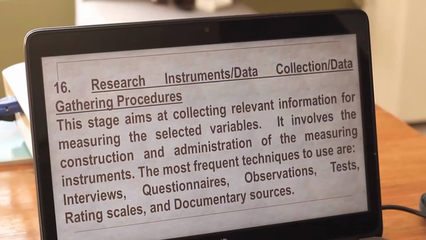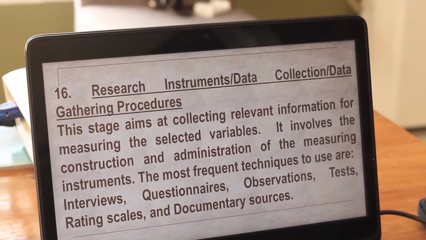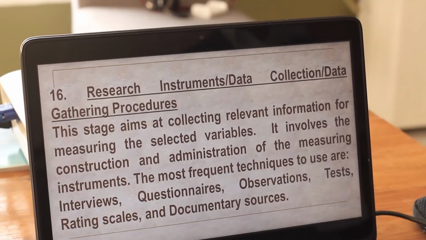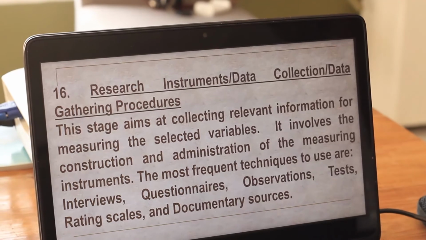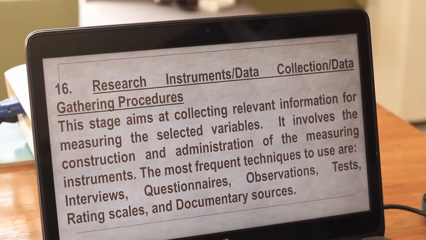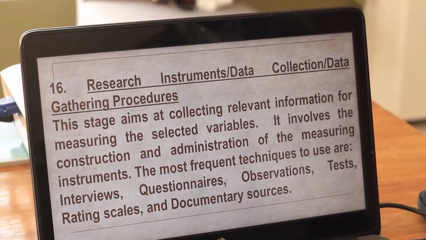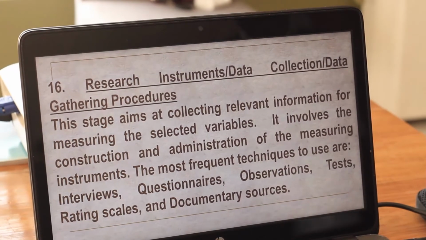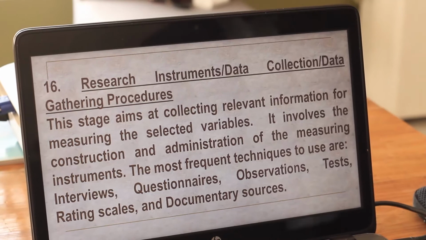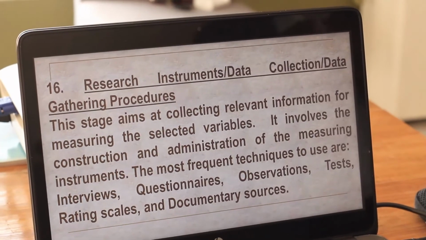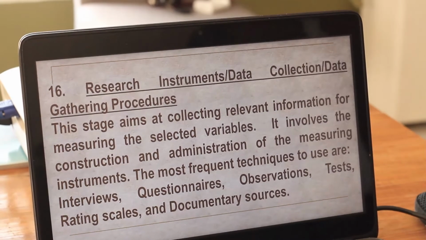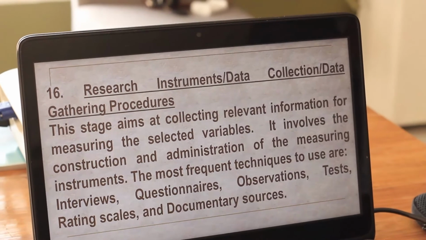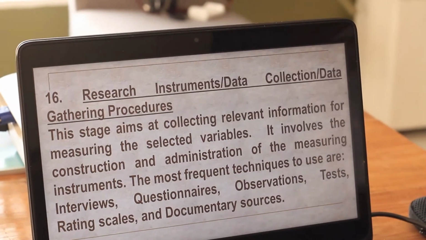Now, step number 16 of your research deals with research instruments or data collection or data gathering procedures. This stage aims at collecting relevant information for measuring the selected variables. You are collecting information for your variables.